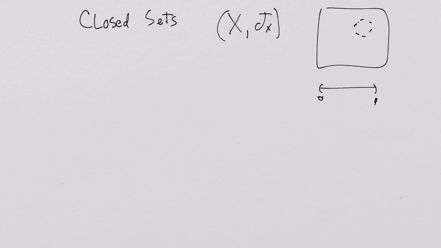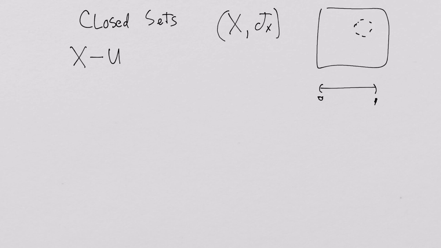So a closed set, by its simple definition, is very, very straightforward. A closed set is the complement of an open set. So the total set X minus some open set U is a closed set. The complement of a closed set is open, and the complement of an open set is closed.